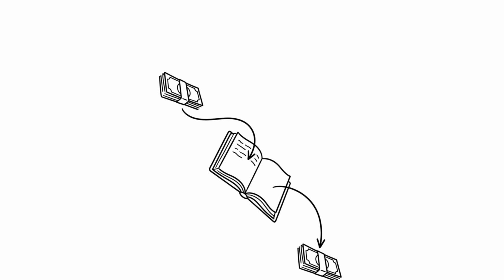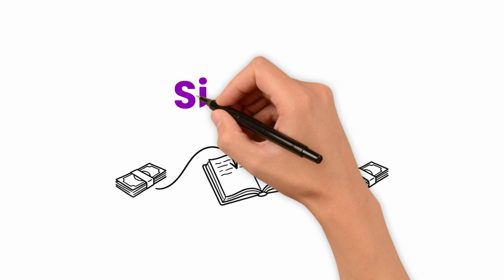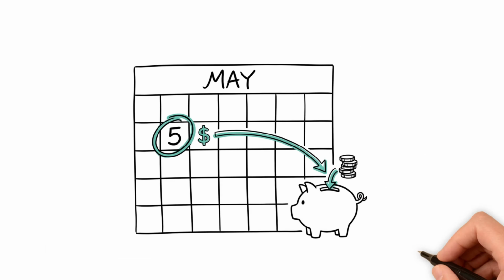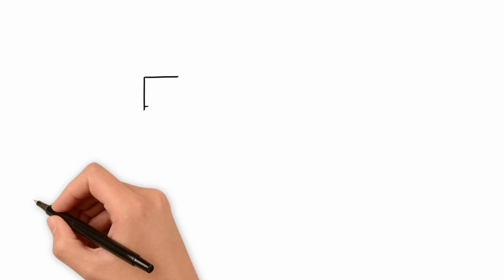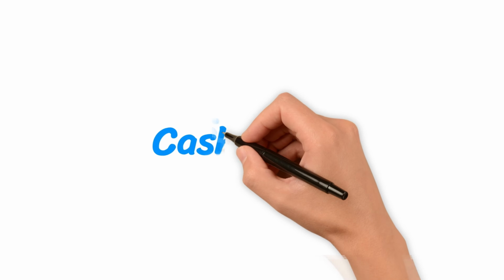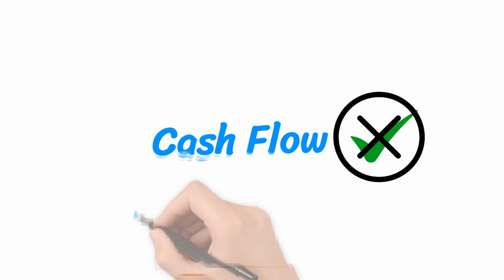Cash accounting is exactly what it sounds like. You record money when it comes in, and you record expenses when the money goes out. Simple. If a client pays you for a big job on the 5th of May, that's May income. If you pay your rent on April 30th, that's an April expense. It's a direct look at your cash flow, which is great, but it doesn't tell the full story.